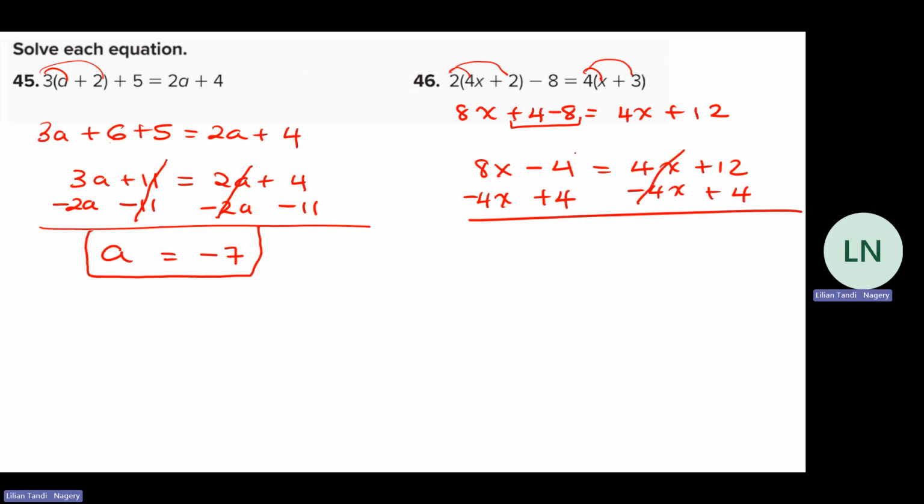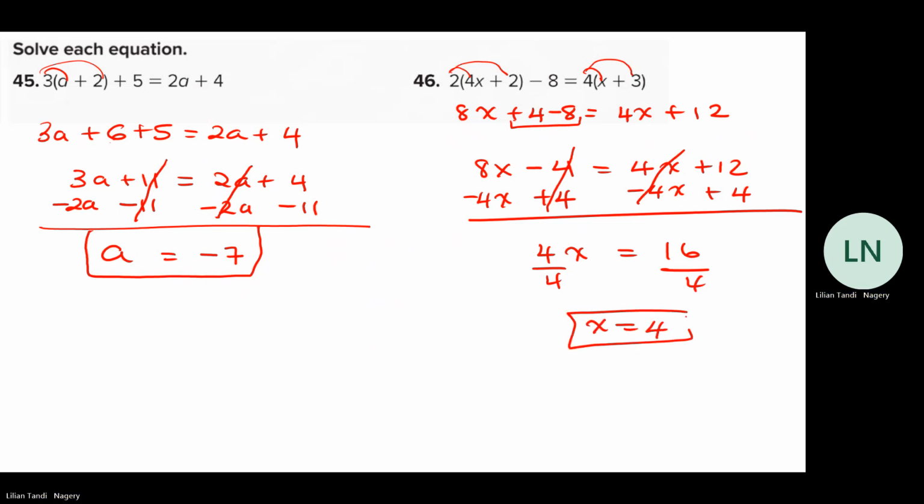This goes, because they become 0. 4x equals 16. Divide by 4, divide by 4, x is 4. Okay?